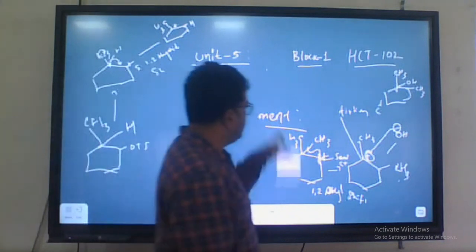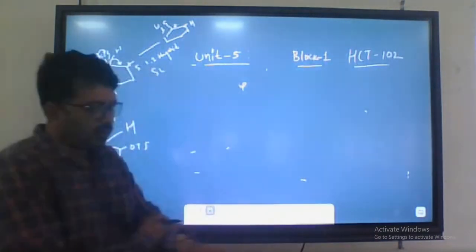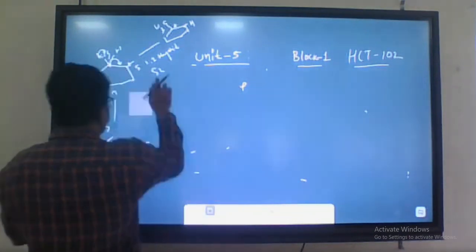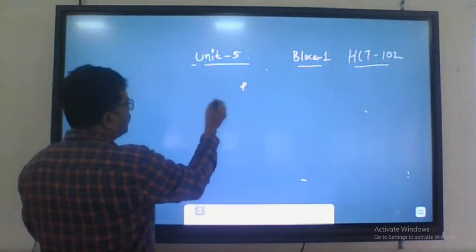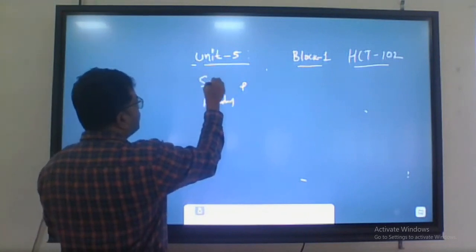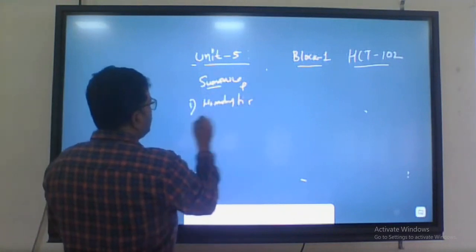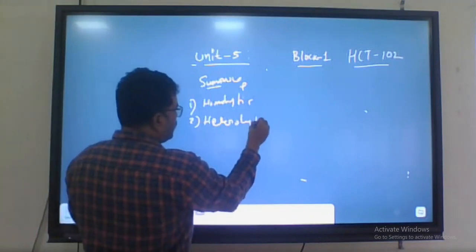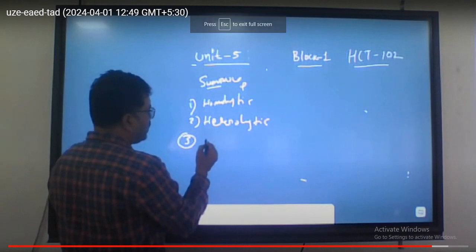If you want to learn organic chemistry, these things are very important. So what I discussed here today is very important. What is cumulative cleavage? At the summary level, these are very important: cleavage, then intermediate, then generation of carbocation, carbonyl.